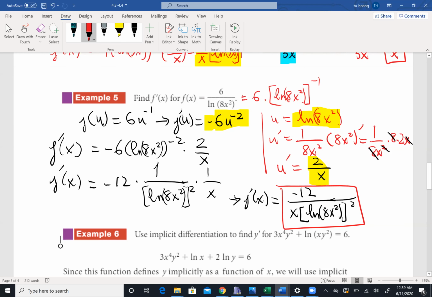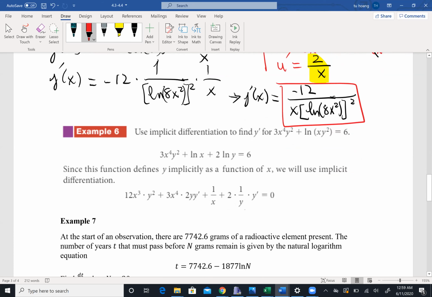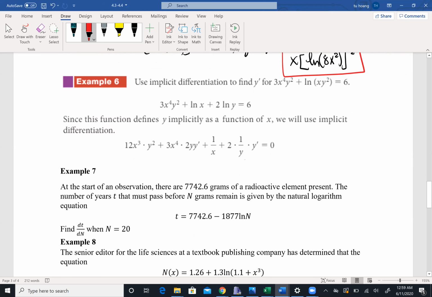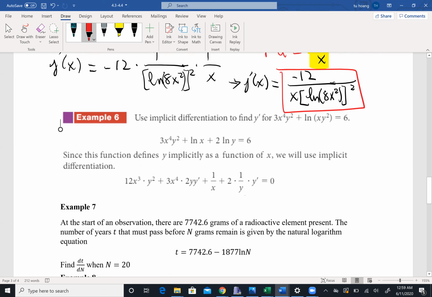Okay, how do you feel? Let's move to example 6 here. I would like to talk a little bit about implicit differentiation.